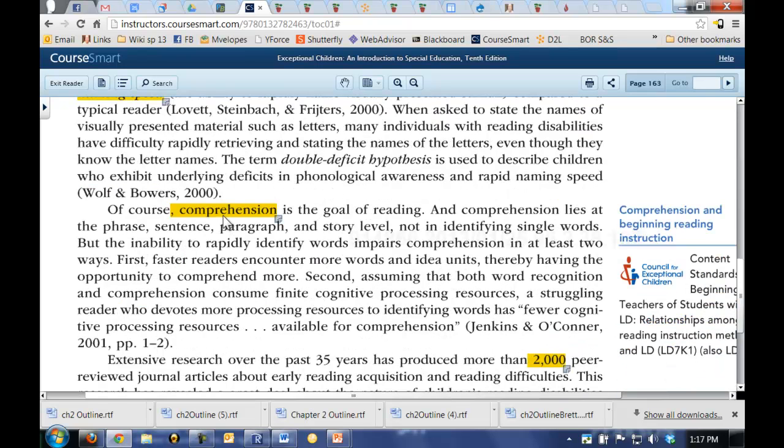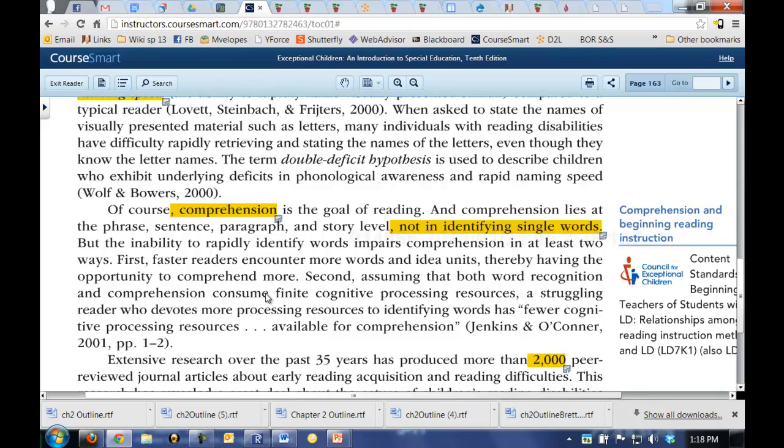And all this comes down to this, comprehension. Comprehension is the goal of reading, and comprehension lies at the phrase, sentence, paragraph, and story level, not in identifying single words, which for a long time, that's what we taught people. But if you can only identify words, doesn't mean you can read, because reading takes this phrase, sentence, paragraph, story level to comprehend. But the inability to rapidly identify words impairs comprehension in at least 2 ways.